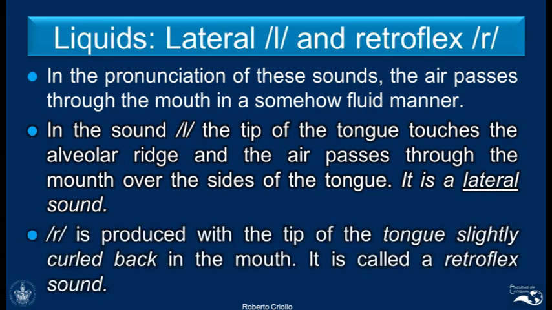On the other hand, with the retroflex, we are going to curl our tongue back, approaching or touching the hard palate, and that's the reason why these sounds are called retroflex, because we produce this sound by curling our tongue to the back. So these two sounds are called liquids: one is lateral and one is retroflex.